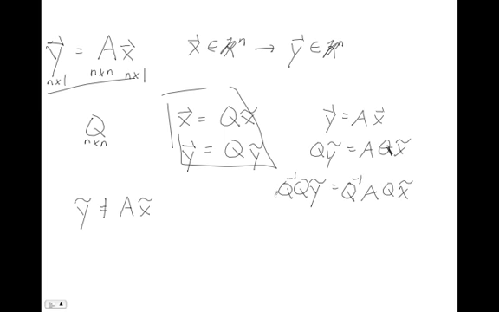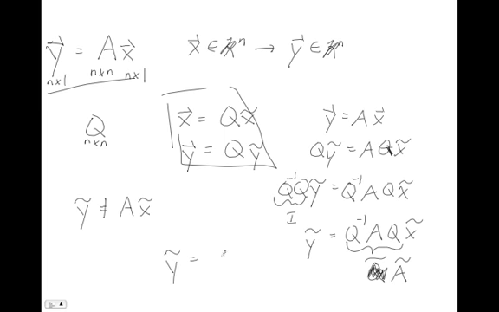Then this forms the identity matrix, and I'm left with y tilde is equal to Q inverse A Q x tilde. And so this whole matrix Q inverse A Q is my A tilde. Now I have this new function that y tilde is equal to A tilde x tilde.